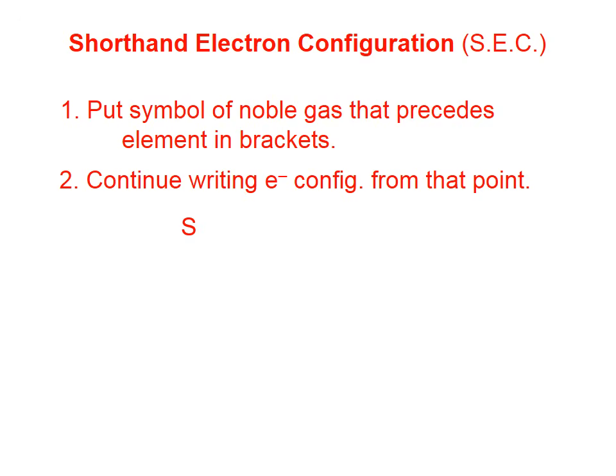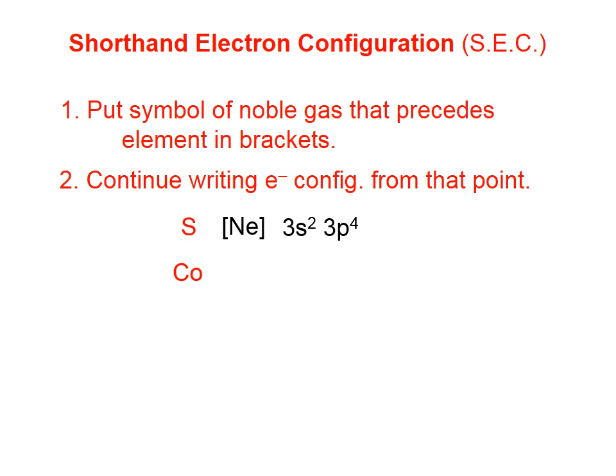If you find element number 16, that is sulfur, to write the shorthand electron configuration, you find the noble gas that precedes sulfur, and that's going to be number 10, neon. So we put that in square brackets, and then we go over to the left side of the periodic table, starting with element 11, which is sodium, and we just work our way from that point to element number 16, which is sulfur. So we say 3s2, 3p4.